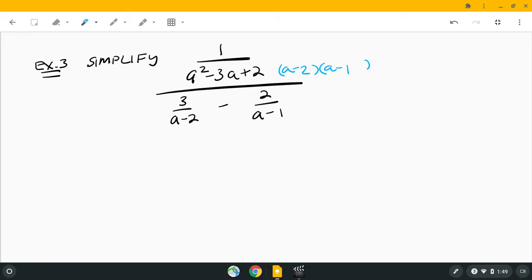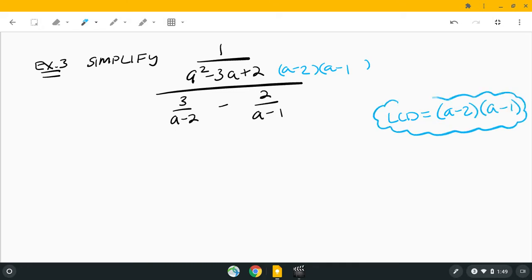Okay. All right. So clearing the fractions, I take a look at all of them. So this one here, a minus 2, a minus 1, a minus 2, a minus 1. So I see here that the LCD is going to be a minus 2 and a minus 1. So if I multiply everything by this, all of the denominators will cancel. Okay, so let's take a look.